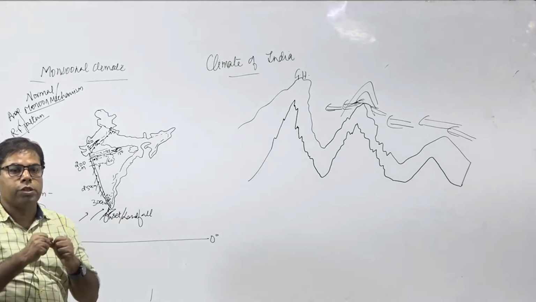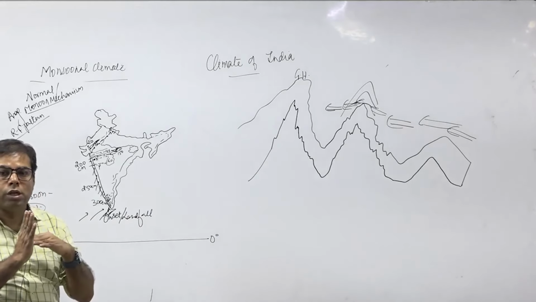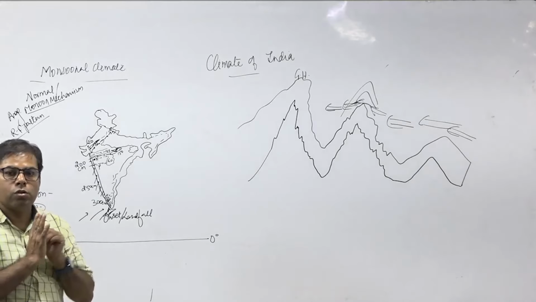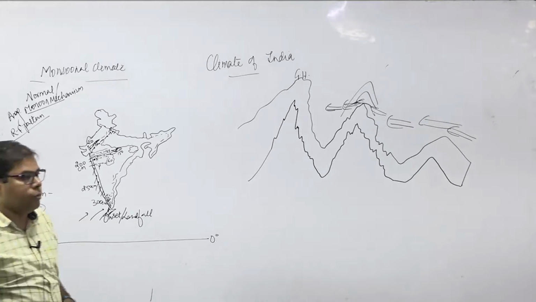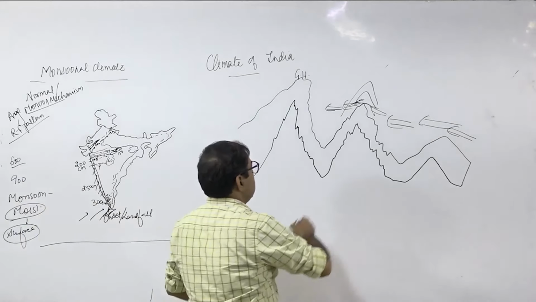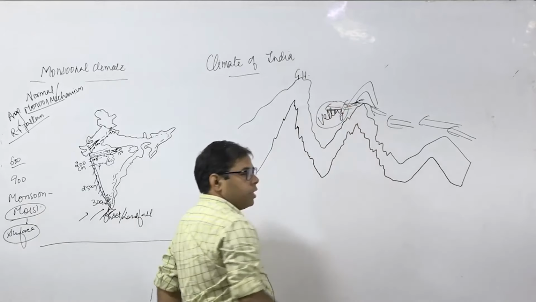So, they start precipitating. What will happen? They start hitting the mountains, hills and slopes. What will happen then? There is a cloudburst. So, cloudburst phenomena we usually find in the valley areas of Middle Himalayas and Great Himalayas.